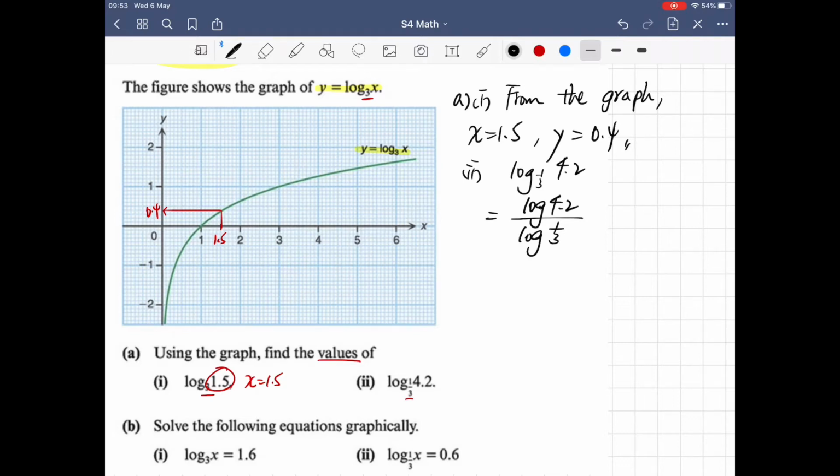And afterwards, we can change the 1 over 3 into the base using log 3 to the power of -1. And for the -1, we can put it back in front of the log.